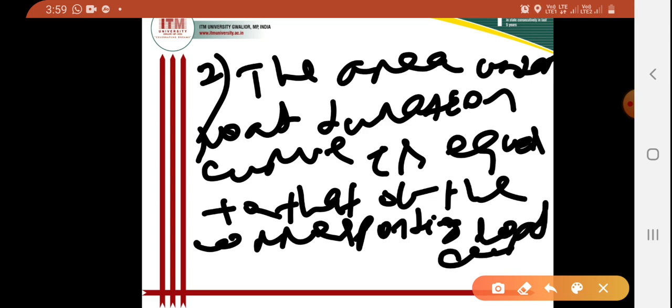Because by the help of the load curve only we are drawing the load duration curve, obviously.